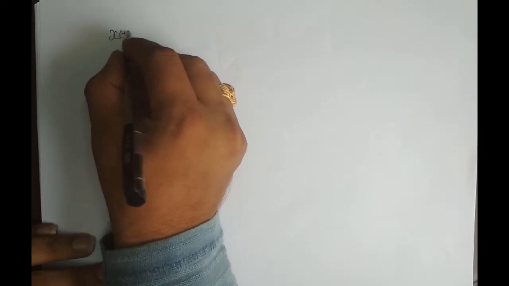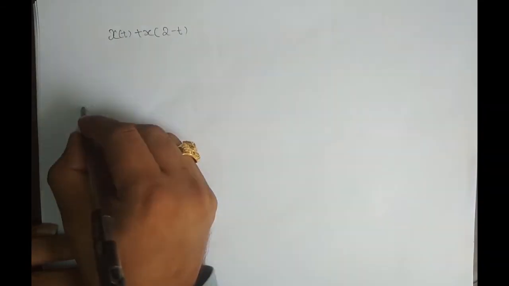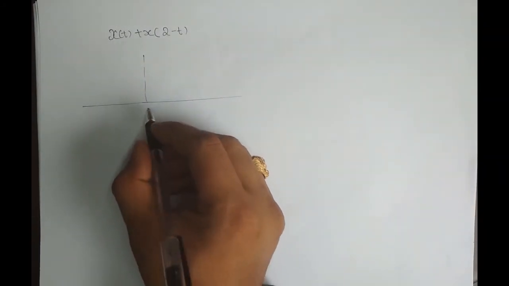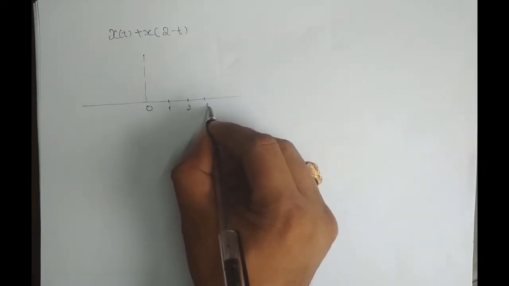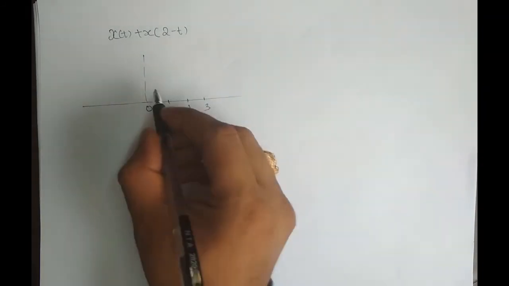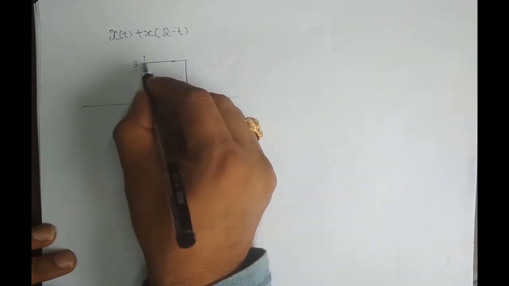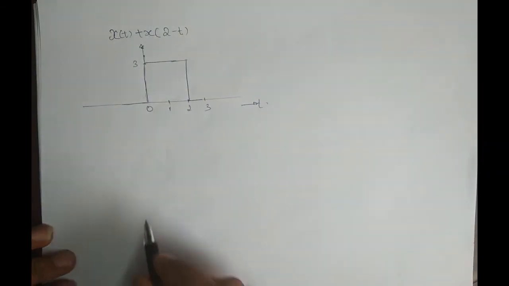So the x of t plus x of 2 minus t signal is 0, 1, 2, 3. So its amplitude is 3 for t varying from 1 to 2. Basically it's a rectangular pulse, right? So this is our x of t plus x of 2 minus t.